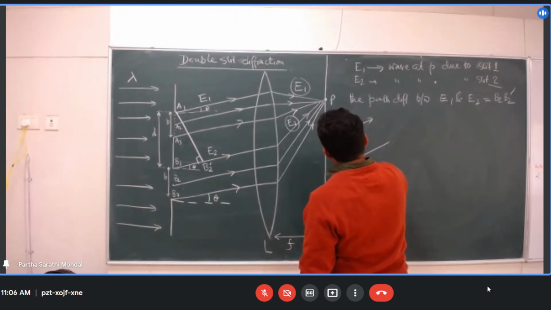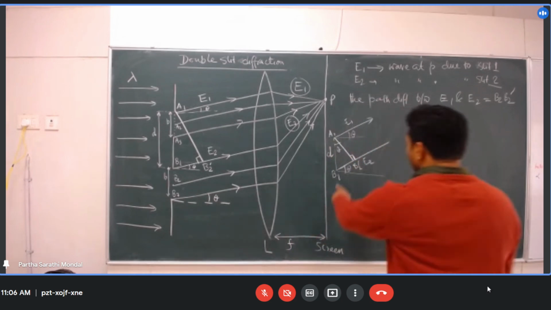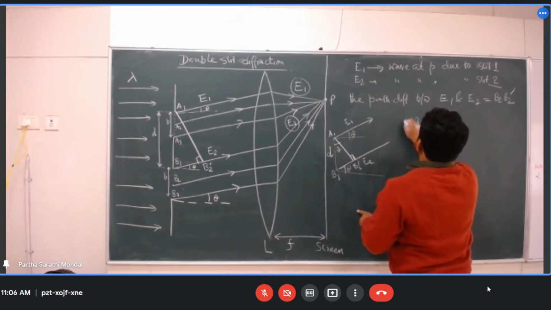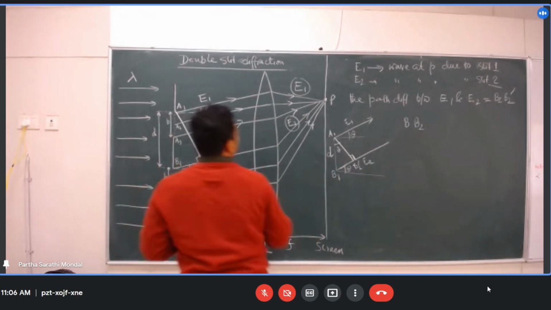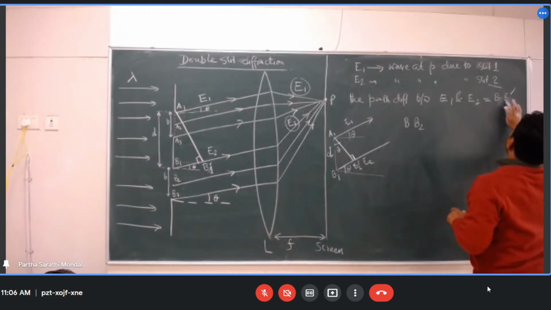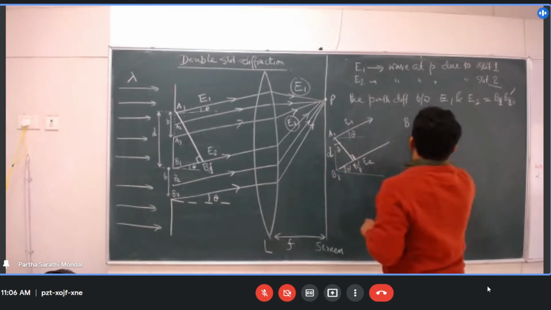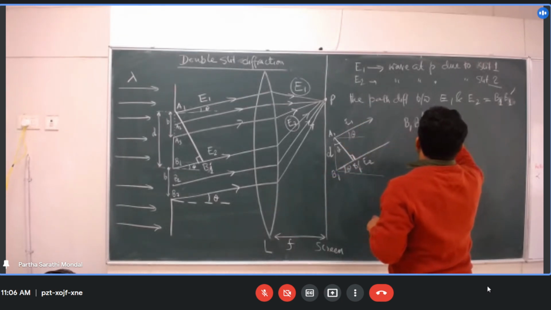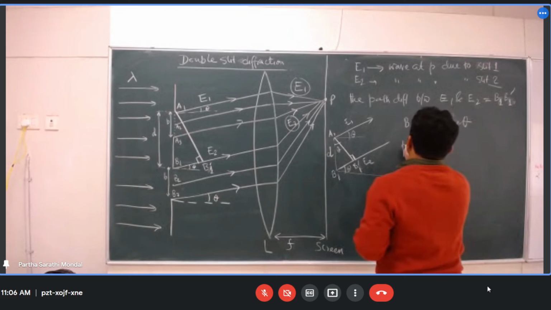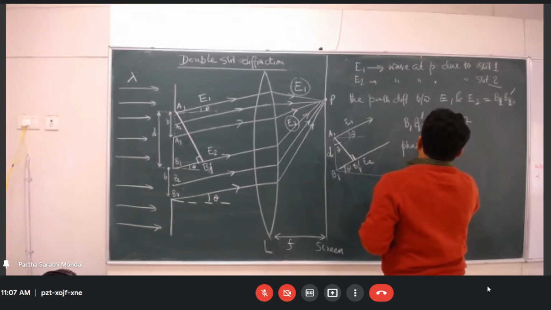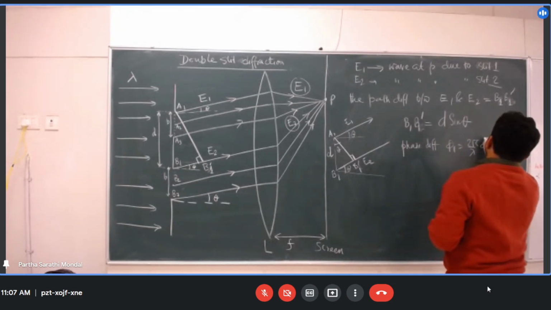Okay, and this angle is theta, since this is theta and this is also theta. ये मैंने सिंगल स्लिट के लिए किया था, so that means B1 B2 dot, इसे B1 dot करते हैं, so B1 dot इक्वल टू कितना होगा, D sin theta. Very good. So now what is the path phase difference? 2 pi by lambda into D sin theta. Yes, 2 pi by lambda into D sin theta.